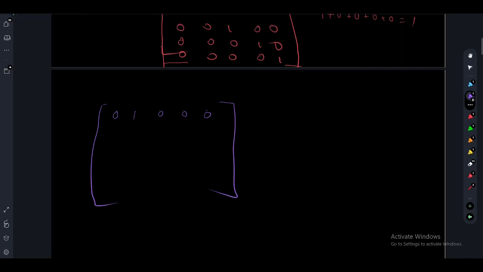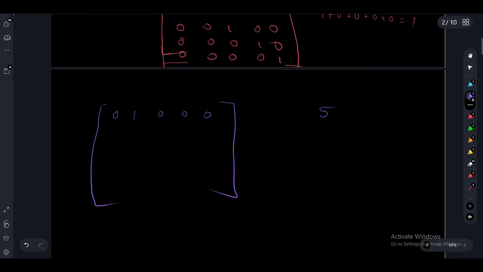So how many ways can you put 1 in the first row? There are 5 ways, because you can put 1 in the first, second, third, fourth, or fifth place.